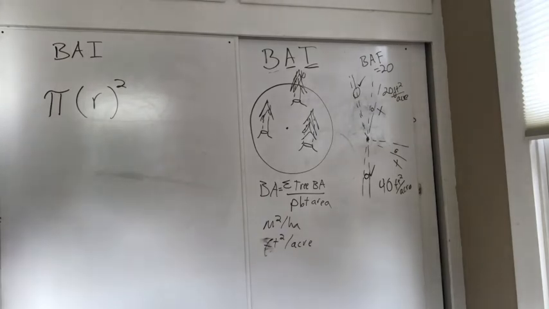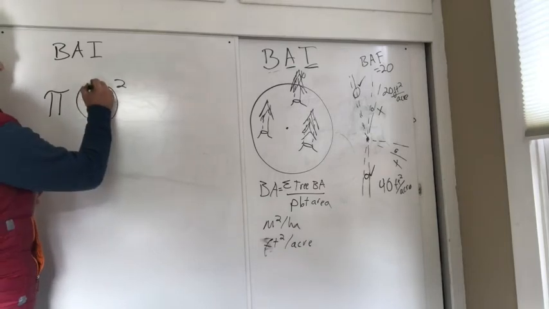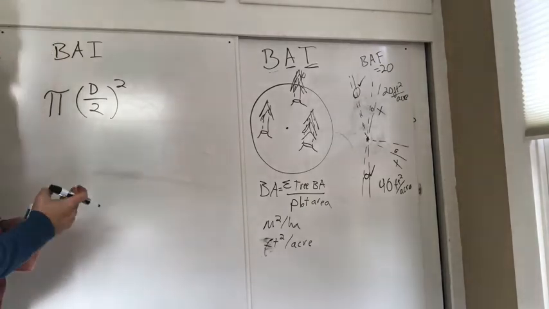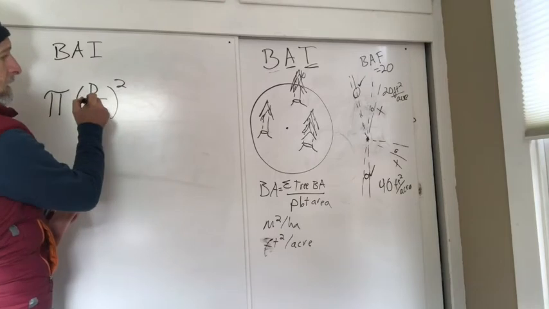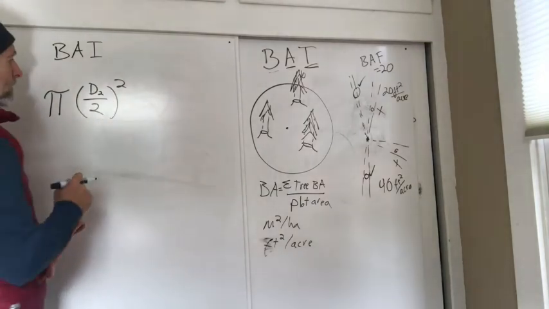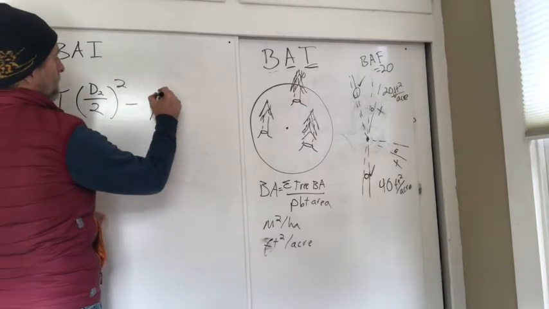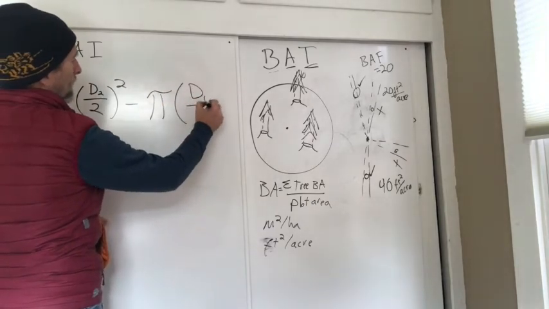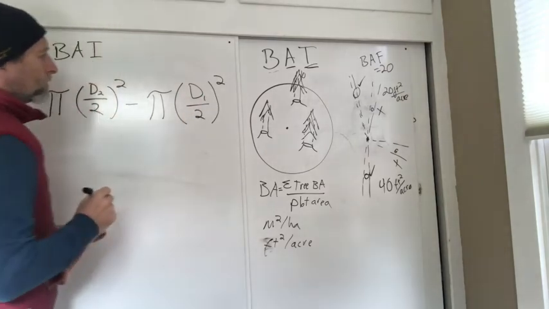What we established early on is that instead of using radius here, we can use diameter. And that will also give us area for basal area. We also established that we can come back at 2 points in time. And so if we come back at time 2, for example, we have a larger tree, and we could subtract off the same equation where we took a diameter at time 1 for an individual tree.